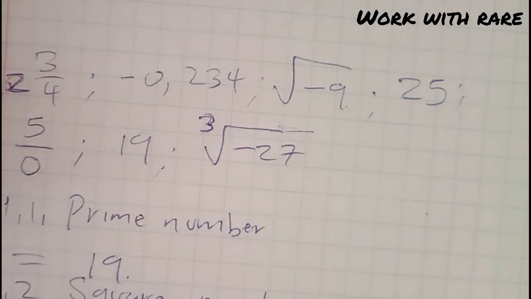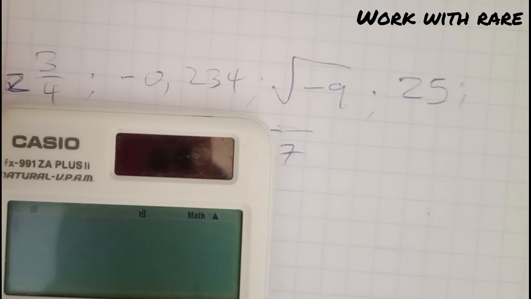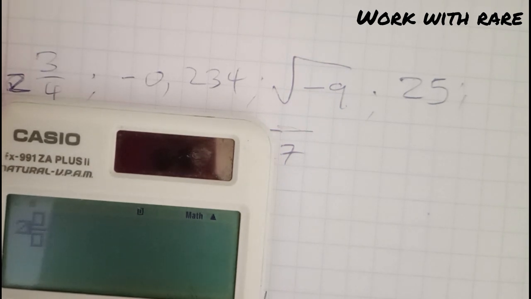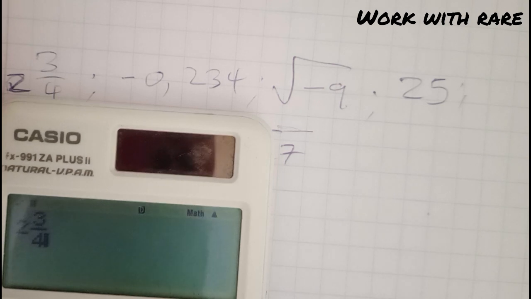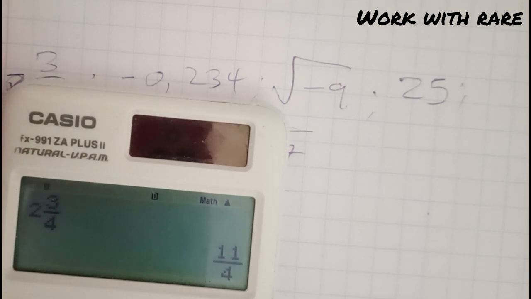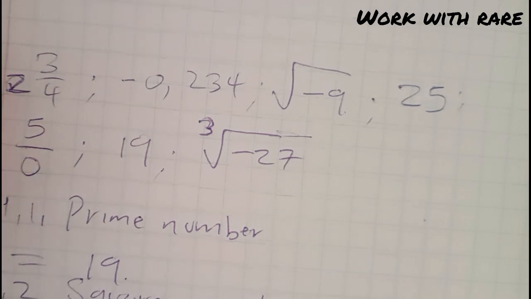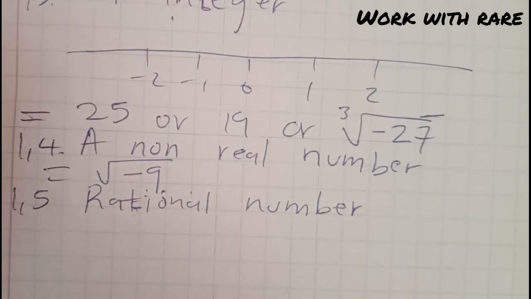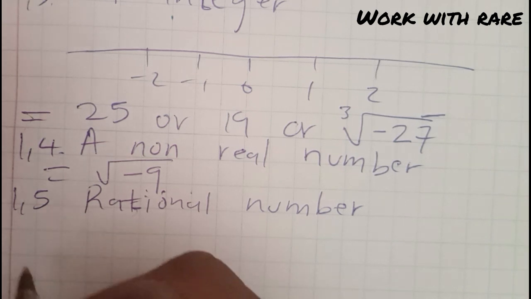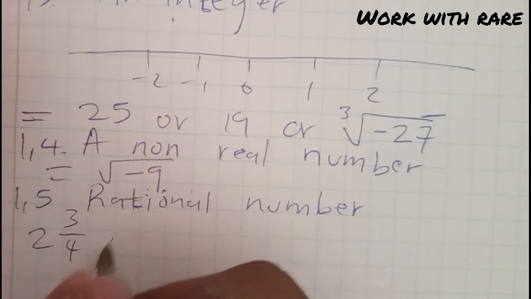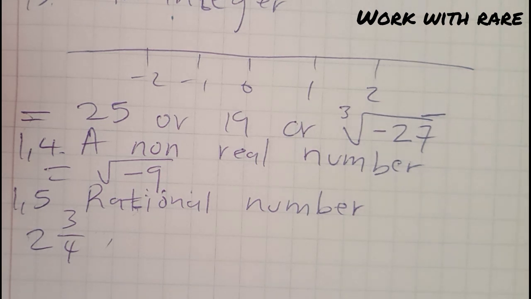Okay, let's go back and check. It's 2 3 over 4. You see it gives us 11 over 4, which is 2,75. So it's a rational number because it gives us decimals. So here we can say our rational number is 2 3 over 4. Remember, you write it the way it is, from those numbers that you are given.